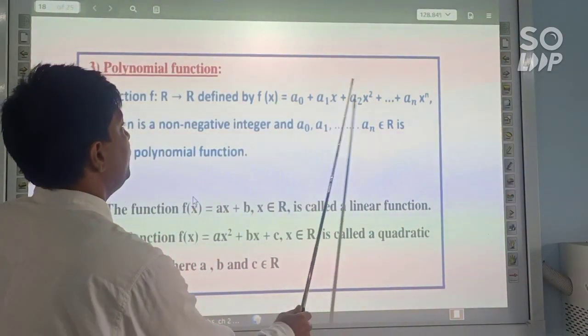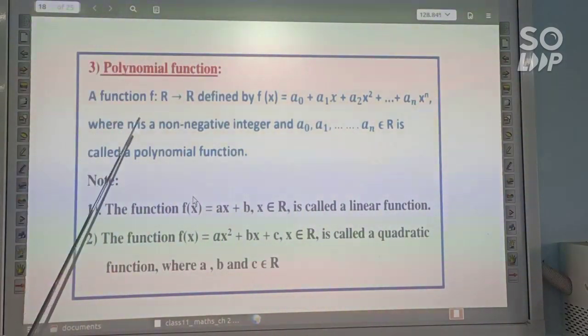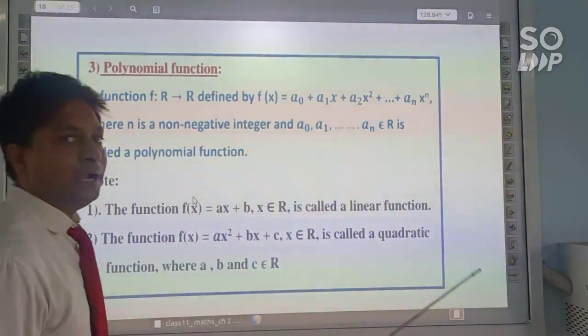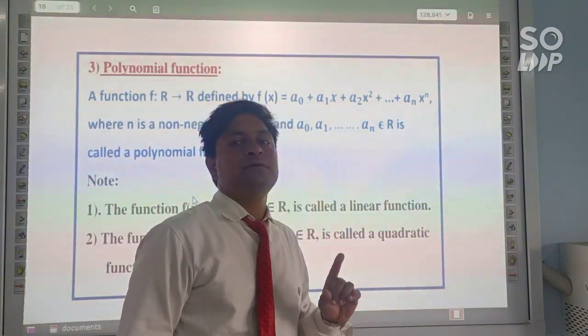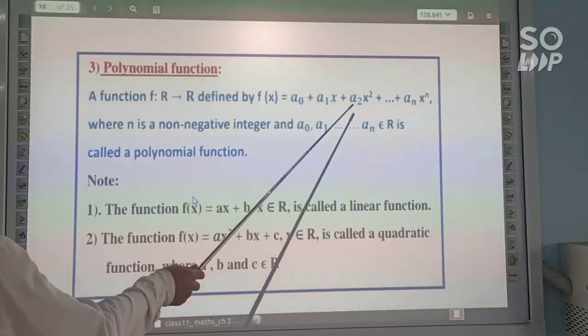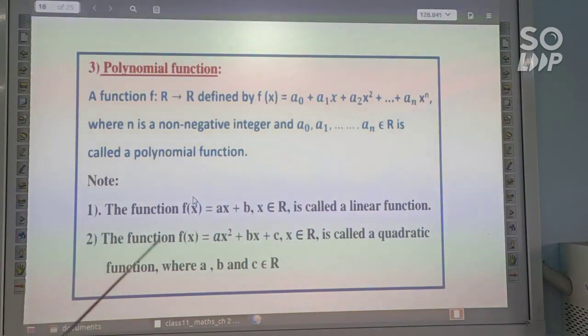This is a polynomial with n terms. Where n is a non-negative integer, this is the power, and the power is a positive value. And a0, a1, a2, a3 and an are the coefficients. This is called a polynomial function.